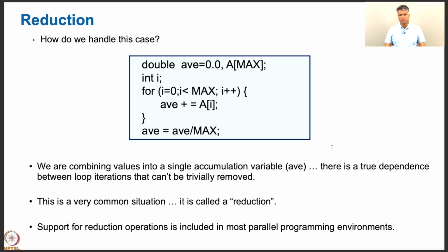Now, this sort of a problem is very common and it's called a reduction. And we can do this effectively in parallel, but we have to be a little careful on how we go ahead and do it. So there are parallel implementations for this in most programming environments, which allow you to do this effectively, hiding all the gory details from the programmer.